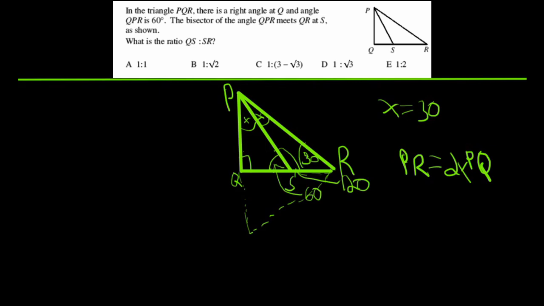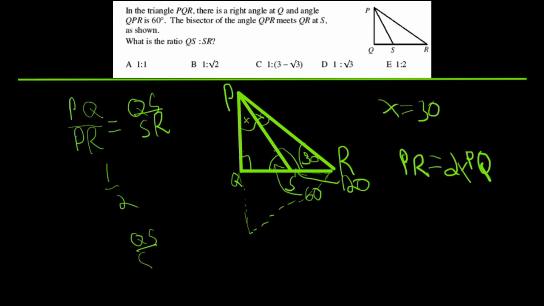Okay, and so what we can then say is that the angle bisector theorem states that PQ divided by PR is equal to QS divided by SR. Okay, and so because the triangle PQR is half an equilateral triangle, and PR is equal to 2 times PQ, PQ divided by PR must be equal to a half.